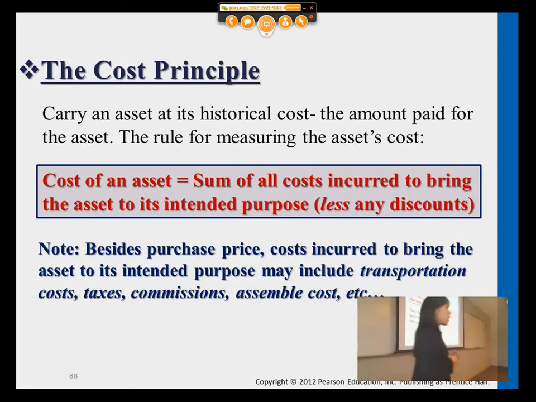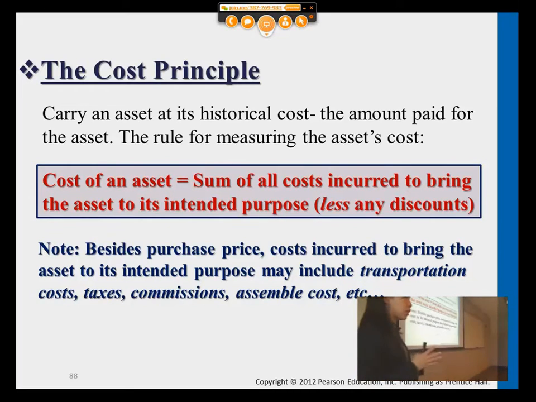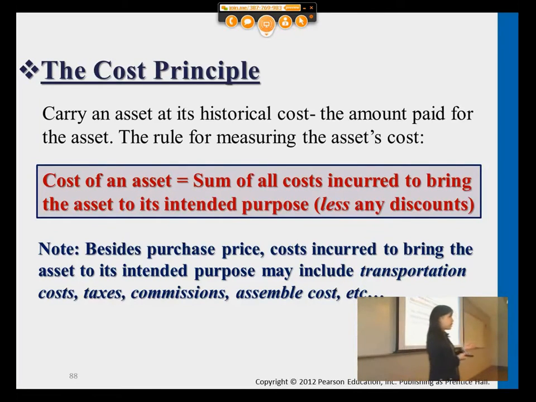Remember, we talked about the cost principle along with other principles, the stable monetary unit principle and the entity concept, earlier in the first four chapters. The core of the cost principle is that we always journalize an entry and its value based on that specific date's transaction, the agreement between the two parties.